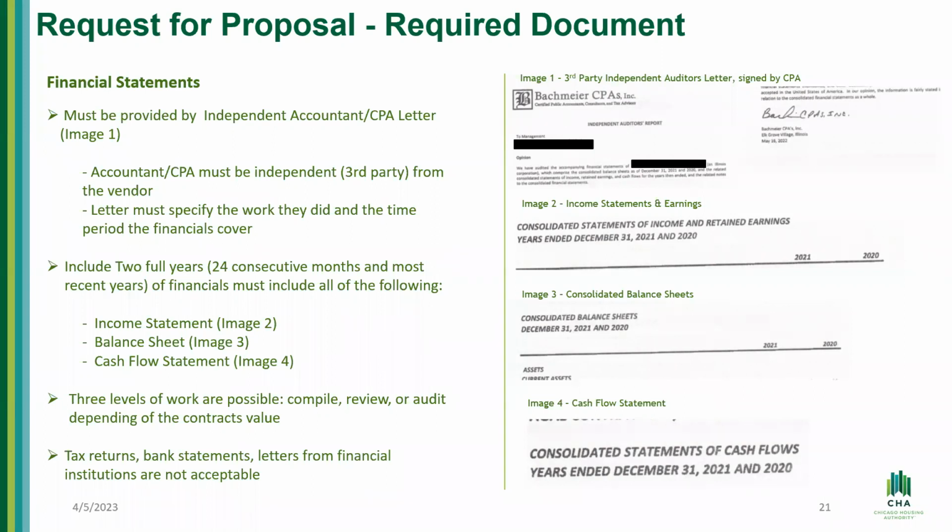The letter must specify the work they did and the time period the financials cover. Also, you have to include 2 full years, which is 24 consecutive months, of the most recent years. For example, we're in 2023, so the 2 full years are 2022 and 2021.